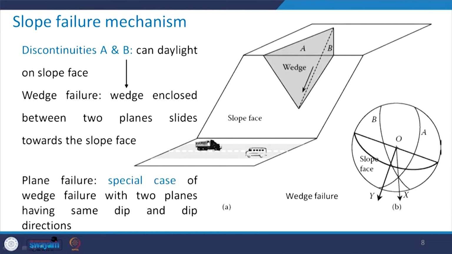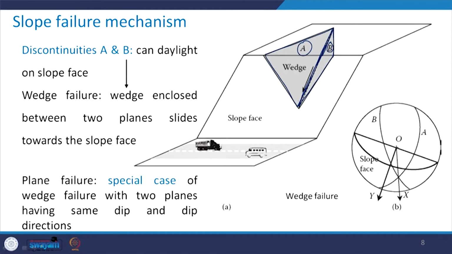So, the next one is the occurrence of the wedge failure. Now, think about the two discontinuities or two discontinuity planes. See here this shaded portion. So, this one plane is this plane, that is, I say that it is the discontinuity plane A, and this is the next another one, which is B. Now, wherever they intersect each other, of course, the intersection of the two planes, as we have discussed in the previous class, is going to be a line.